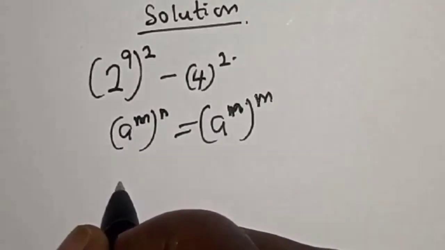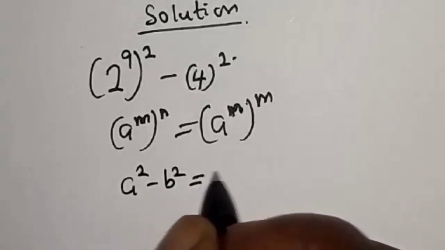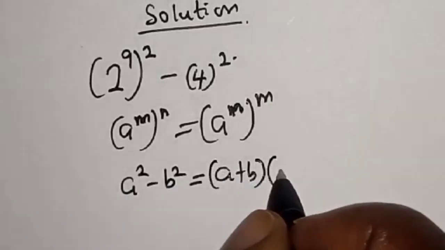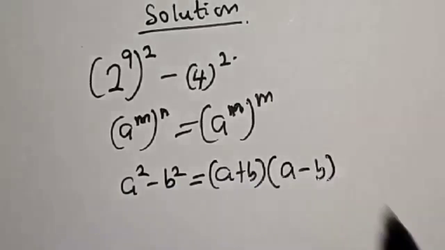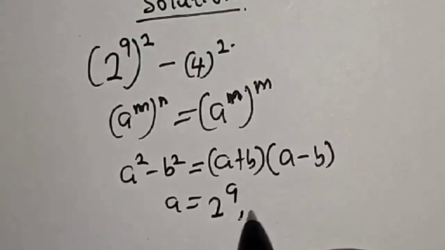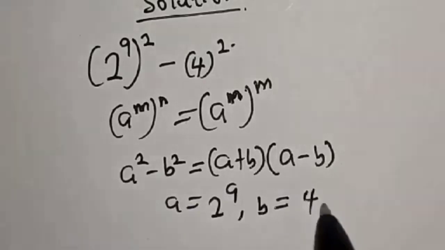Also remember this rule that a squared minus b squared is equal to (a plus b) multiplied by (a minus b). a is equal to 2 raised to power 9 and b is equal to 4.